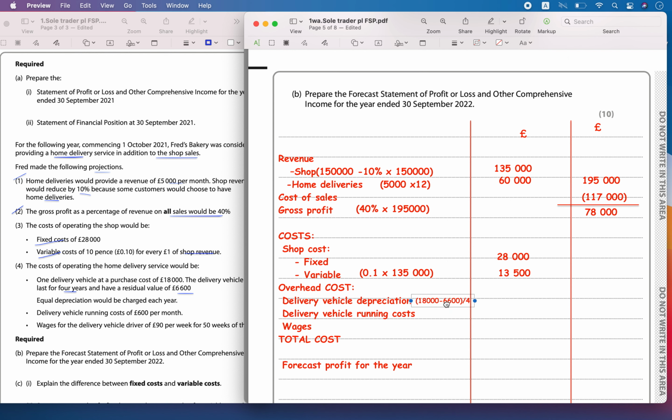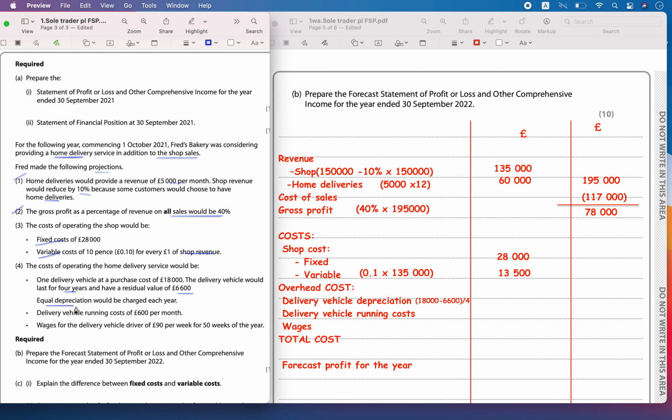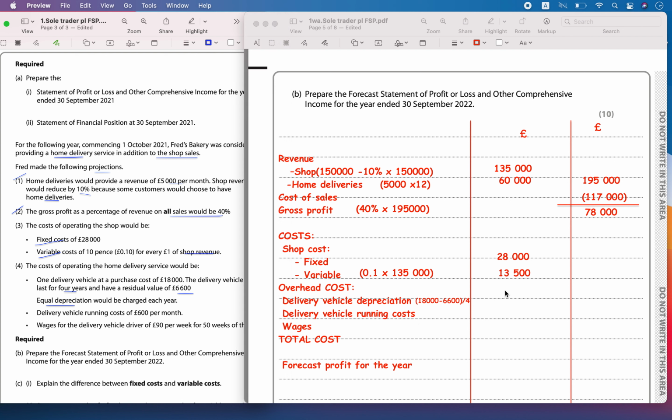That is the depreciation each year, and that value is going to be equal to 2,850.